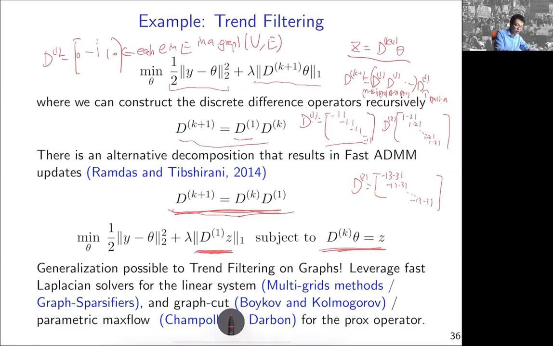So you can come up with this graph difference operator, and then a similar trick can be used to design an ADMM algorithm to solve this generalization of the problem.